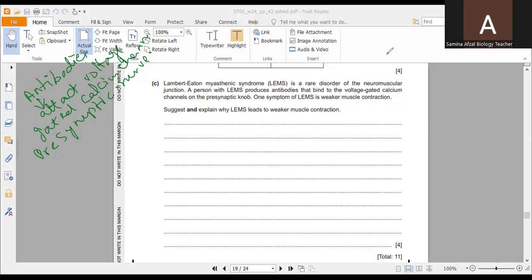I repeat all these events. Students, acetylcholine is a neurotransmitter which is transferred. The calcium ion channels on the presynaptic terminal and the release of the acetylcholine neurotransmitter happen when a nerve impulse arrives. So what happens then?